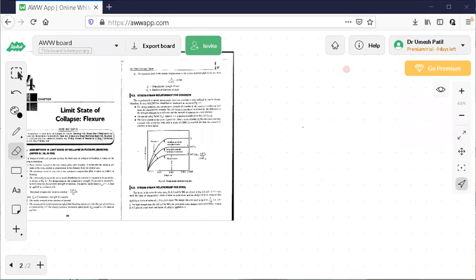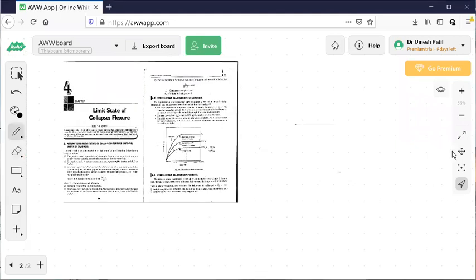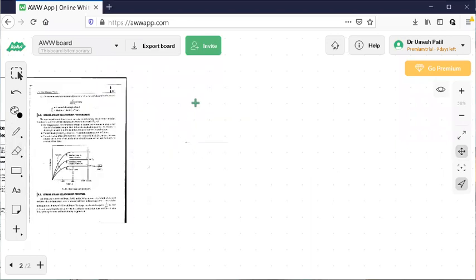Now I'll draw the cross section of the beam. Observe here. This is the cross section.